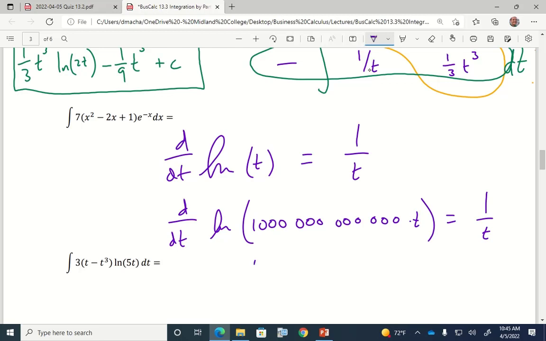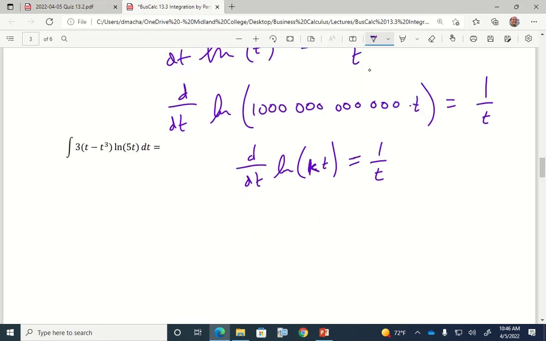In fact, the derivative of natural log of anything times t is just 1 over t. It almost feels like you're awkwardly losing information, because this k could have been any number, and after you take the derivative, you don't really know what it was. That's kind of weird.